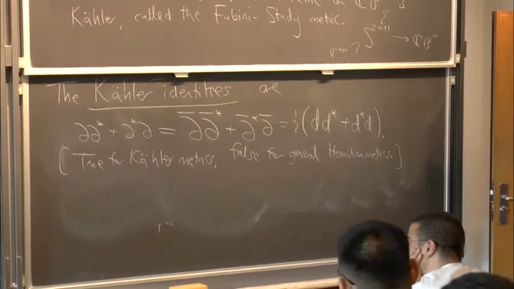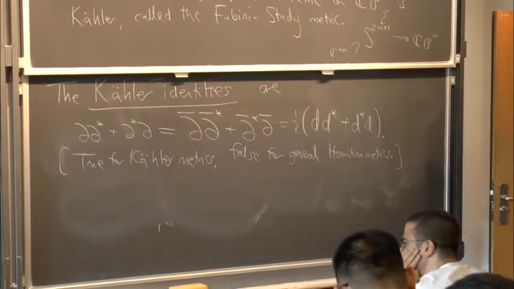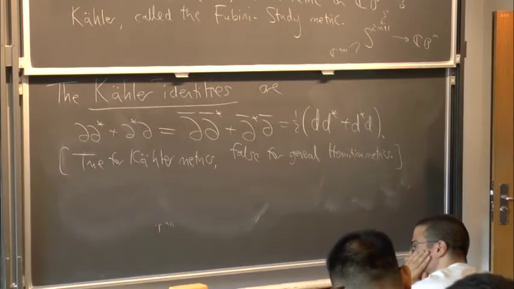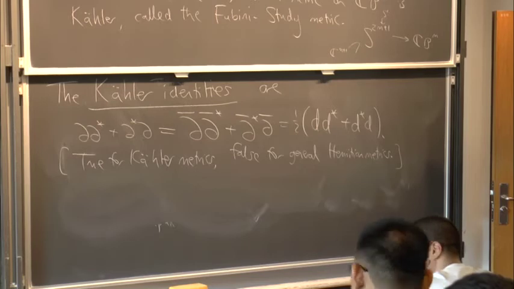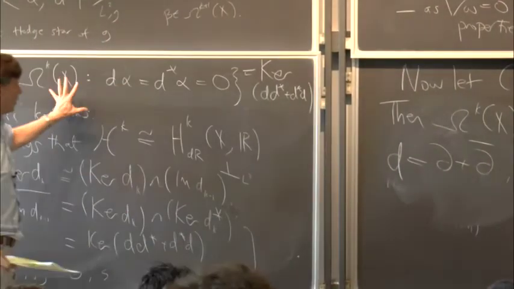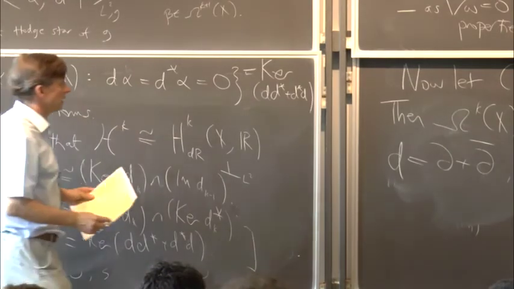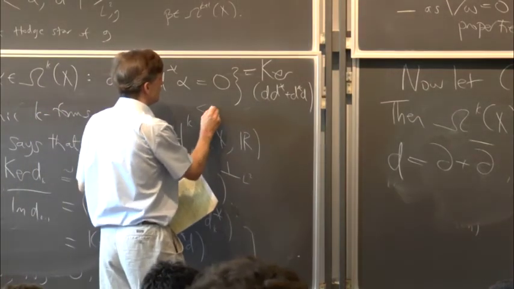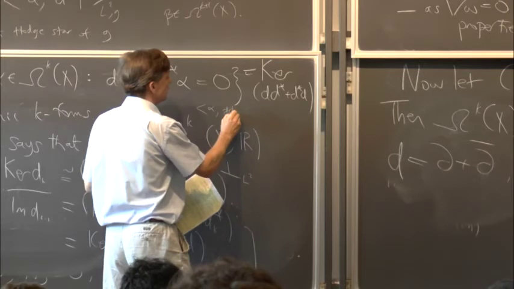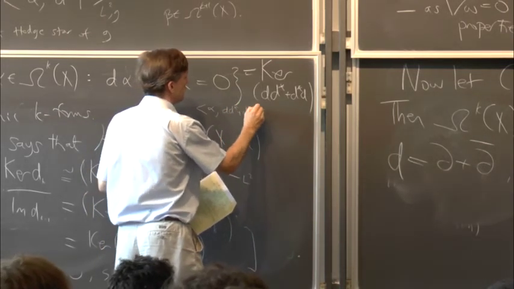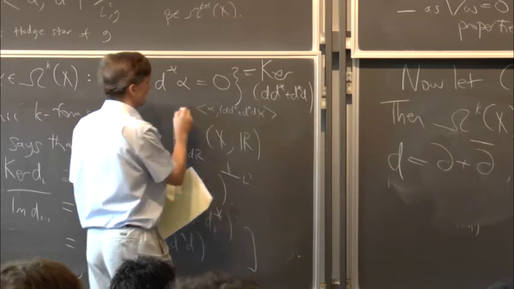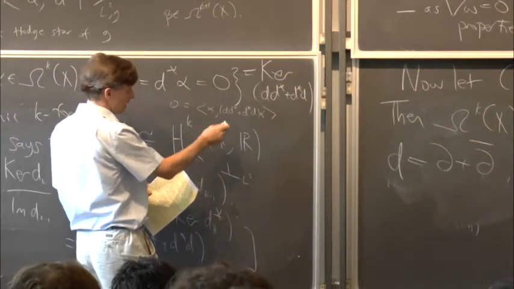Okay, now it might be worth noting at this point that this is also equal to the kernel of d star plus d star d, because if you take the inner product of alpha and d star d alpha plus d d star alpha, that's 0, and then you integrate by parts.